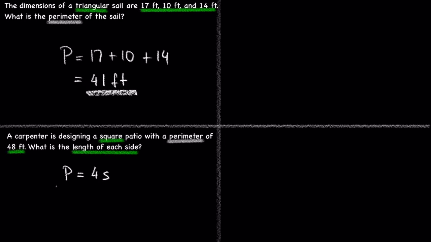So we get 48 equals 4s. 48 divided by 4 is 12, and 4 divided by 4 is 1. So we get s equals 12. In other words, the length of each side of the patio is 12 feet.